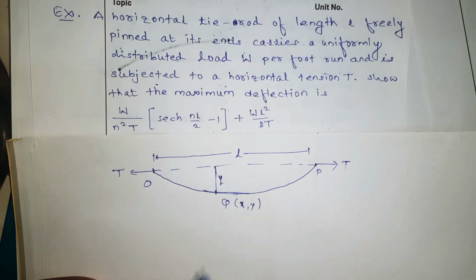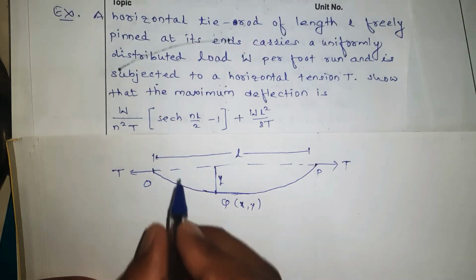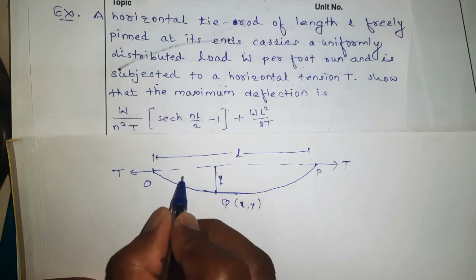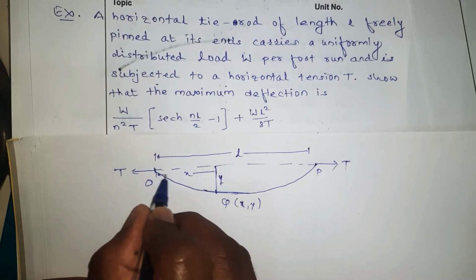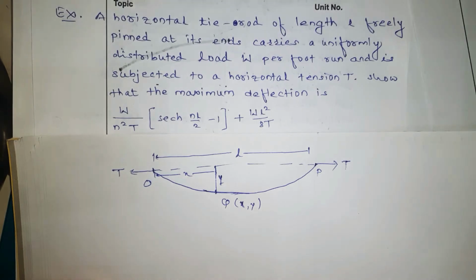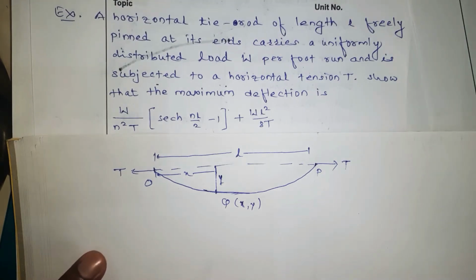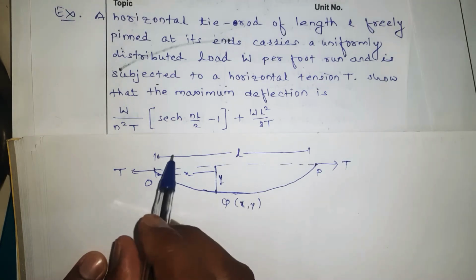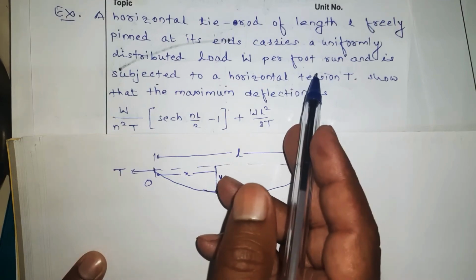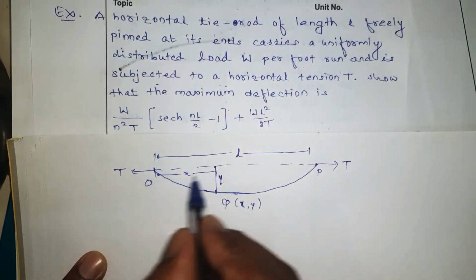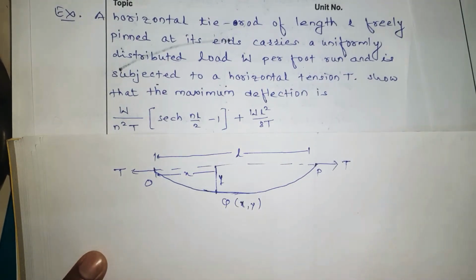The distance up to this Q is x from point O. Now one sentence is used: it carries a distributed load W per foot. So W is the load per foot on this rod.